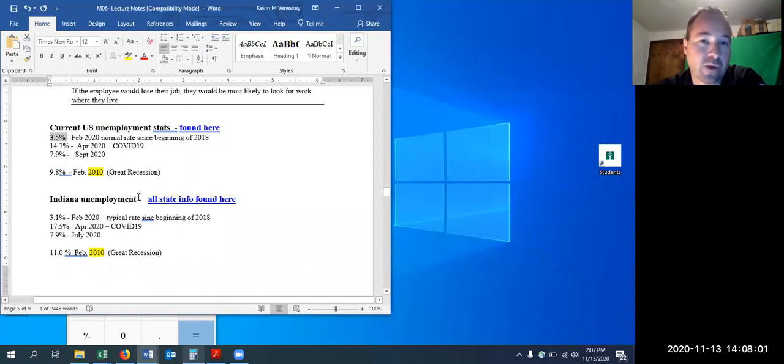The normal US unemployment rate is around 5%, and that's considered pretty healthy. 3.5% is very healthy. You don't want to get too low, because too low means there are positions out there and nobody to fill them, or no competent individuals to fill them. So 3.5% is considered very, very healthy. That was right before the pandemic.